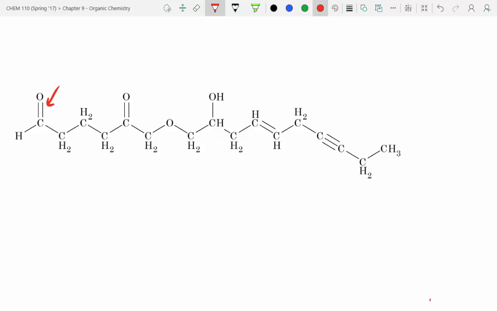What functional group do you think this carbonyl has? Let's try to be as specific as possible, right? So you could say, hey, if it's this side, it would be a ketone, but if it's this side, it's an aldehyde. Really, for this one, the more specific one would be an aldehyde.